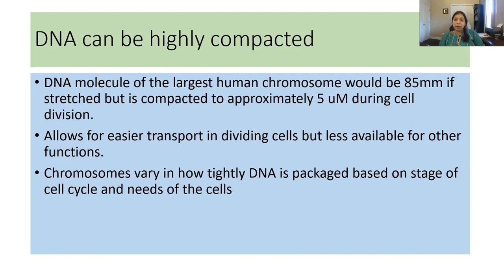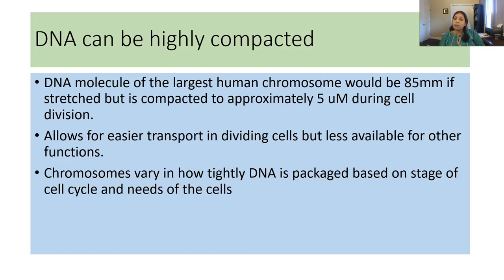Different chromosomes, depending on the cell's needs and the cell function that it is performing, are going to have different levels of compaction. Even in the same chromosome, some parts of the chromosome are going to be more tightly compacted than others. Some are going to be really open because you have genes in there that need to be transcribed and translated at that moment for the cell to do its function.